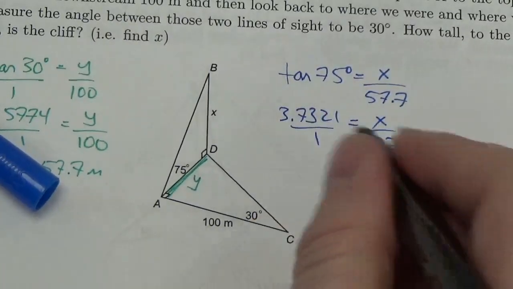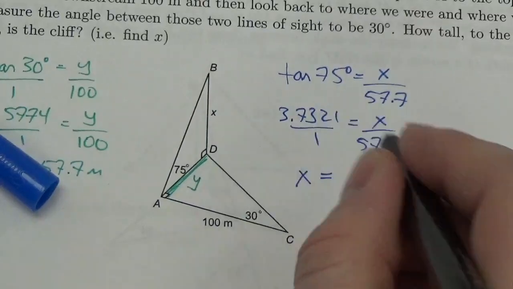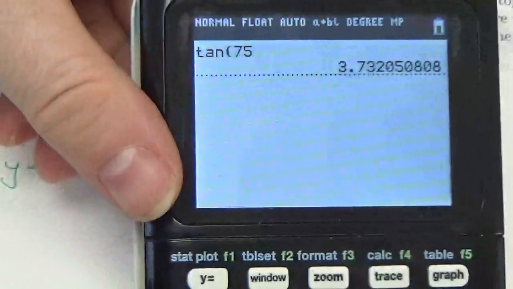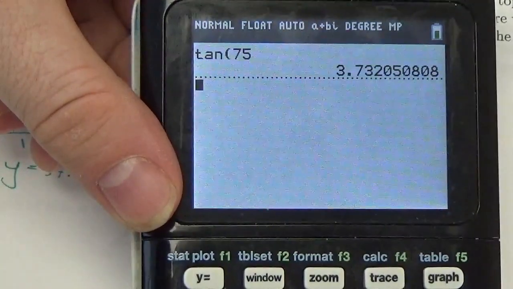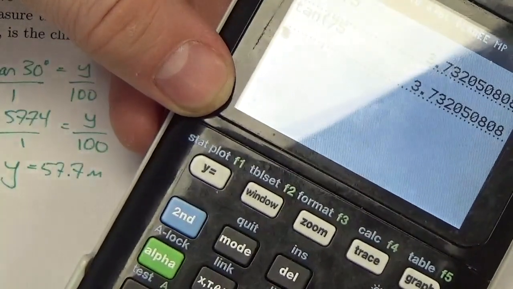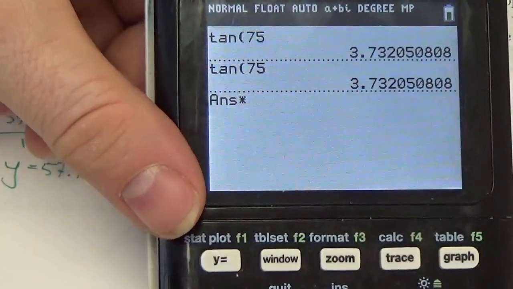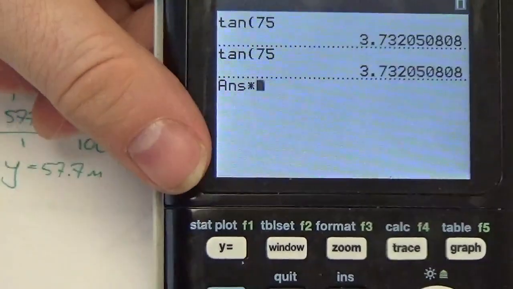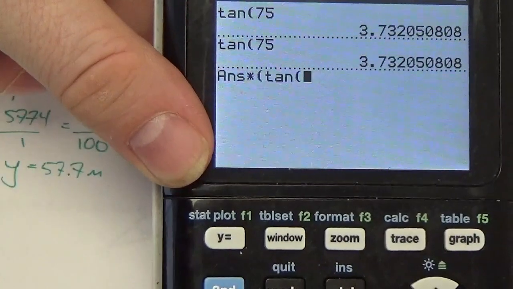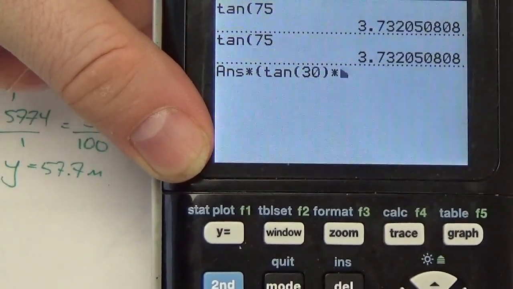Okay, so I'm going to cross multiply here. I'm going to get x equal to the product of those two. Basically what happened here is I lost that number. I pressed the wrong button on the calculator. So I'm going to multiply that by, I pressed enter. Well, that's okay. It gave me the same number. I'm going to have to redo the calculation that I did a couple seconds ago, which was the tangent of 30 multiplied by 100.